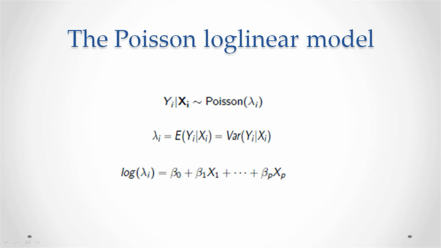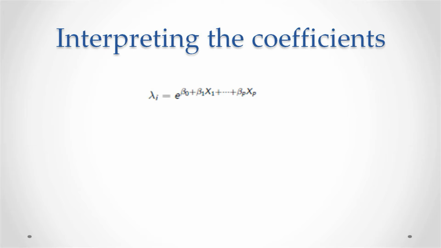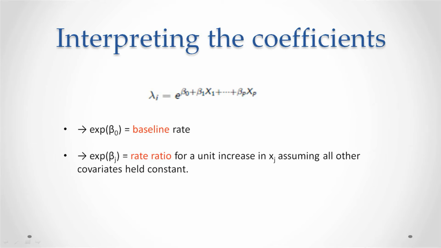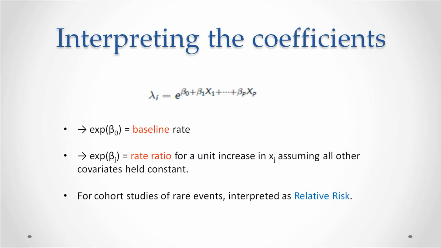We next want to interpret the coefficients. We have seen, for example, that when we have binary data and the logistic model, the regression coefficients have very easy interpretations in terms of log odds and log odds ratio.